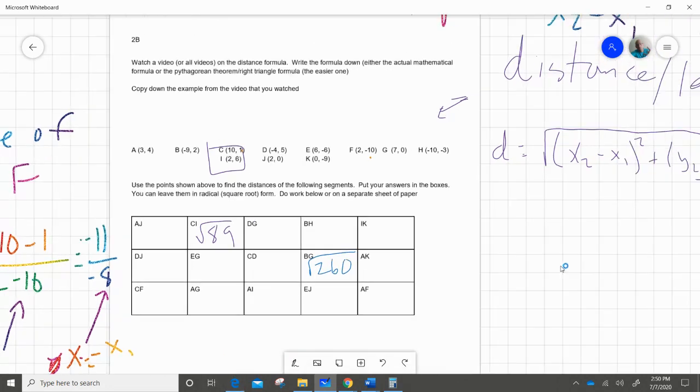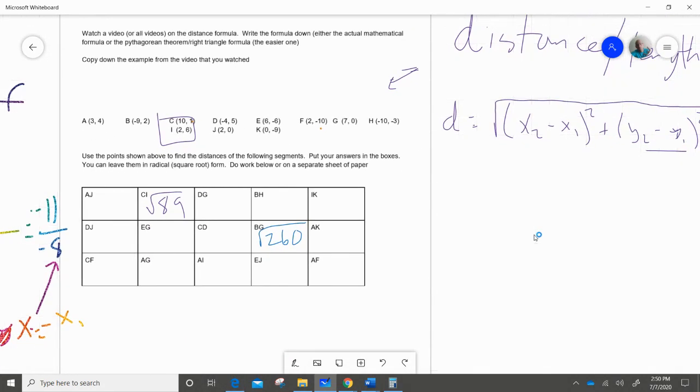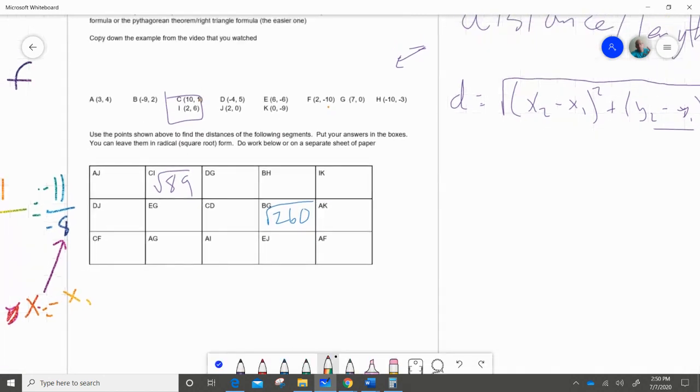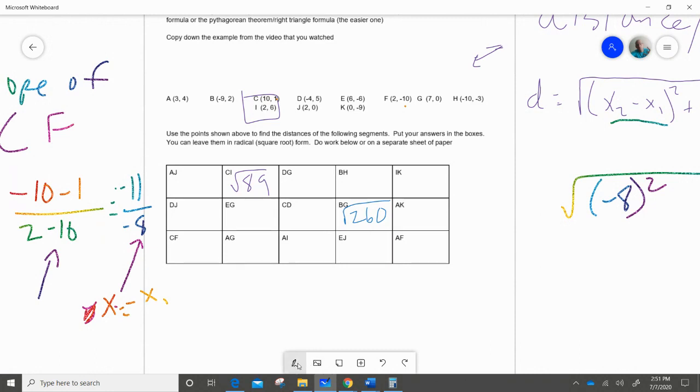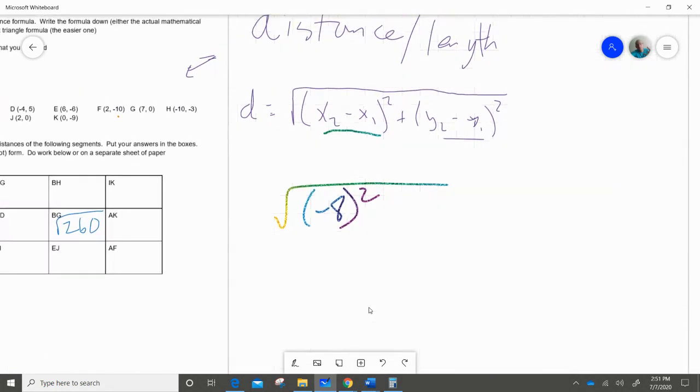So doing this, for the distance formula we could just skip directly to putting negative 8 in that parenthesis right there and squaring it, because we already have our x2 minus x1, which equals negative 8. That saves a little trouble. The y2 minus y1 is there, negative 11. So again, we can save ourselves a little bit of time.